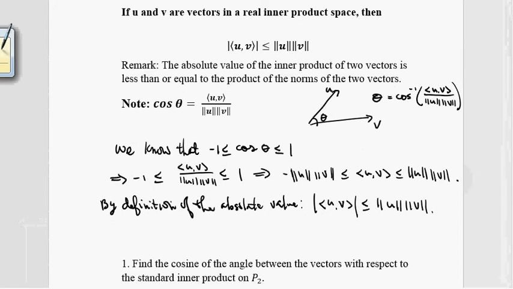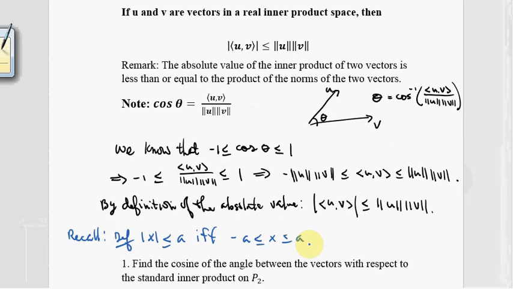Recall that the definition of the absolute value of x less than a is, if and only if, negative a is less than, it could be less than or equal to, it doesn't matter, x, less than or equal to a.